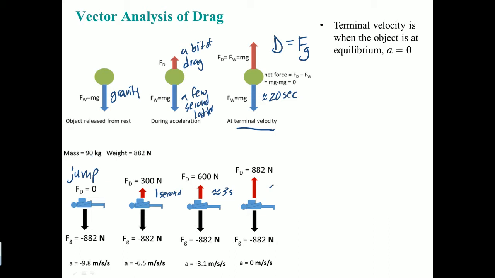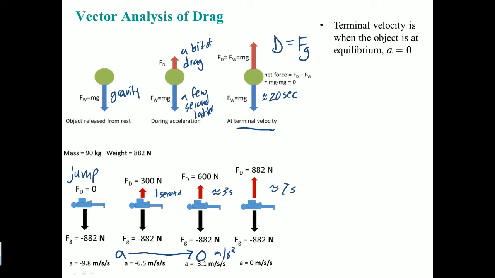Then let's say this is roughly 7 seconds. You're not responsible for the time calculation. You see that it's 882 newtons up, which is balanced out with the force of gravity going down. Notice that during this whole process, acceleration is going towards 0 meters per second squared. Why? Because the friction force is opposed to it.